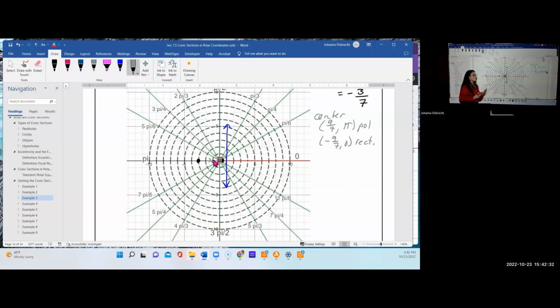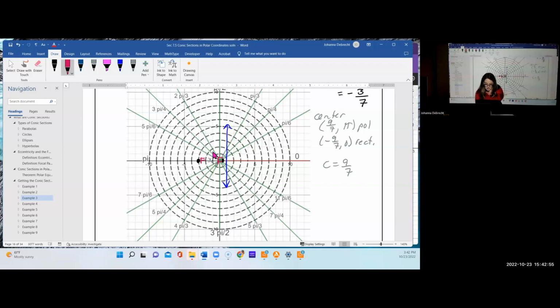Now, we want to know where the other focus point is, so we need to know C, but the distance between these two is 9/7. So C is equal to 9/7. So I can take 9/7 and add it to the center, and that will put me out here at 18/7. And that's got to be where the other focal point is.